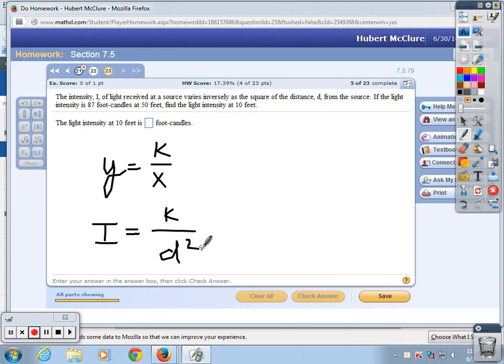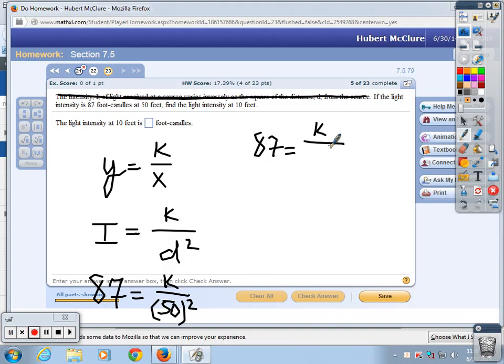All right, so that takes care of all of this. If the light intensity is 87 at 50 feet, then 87 is equal to K over 2,500.